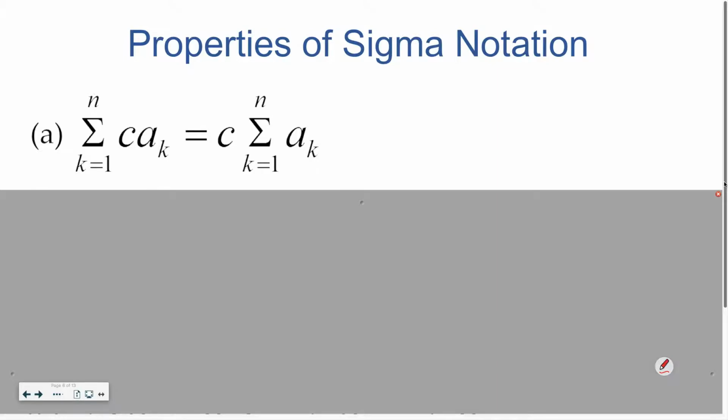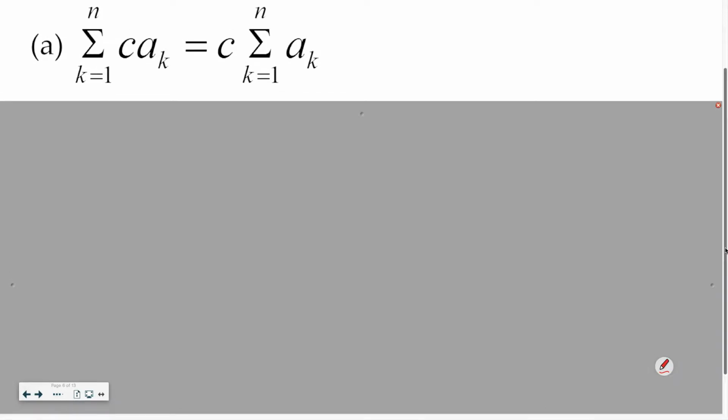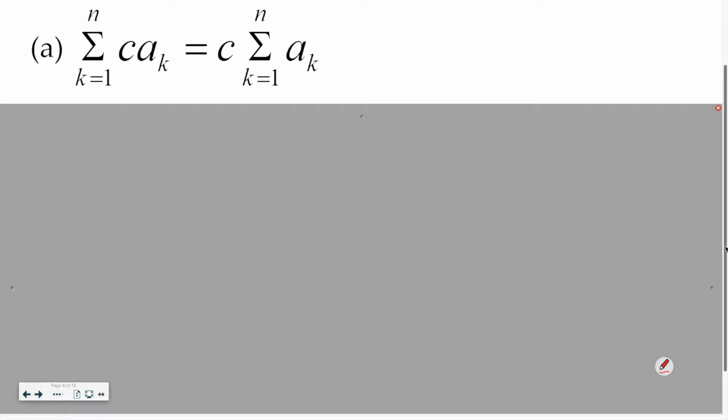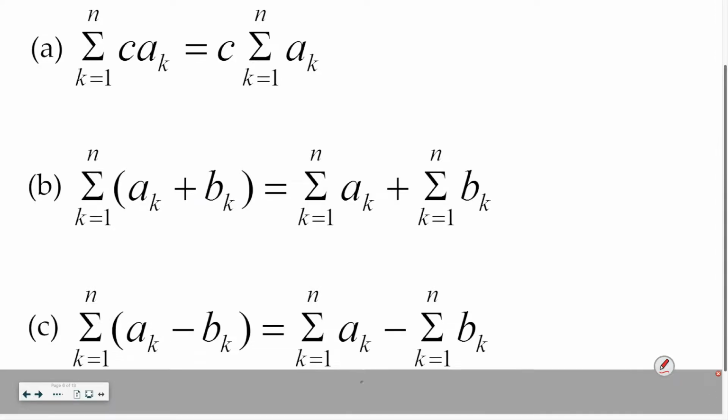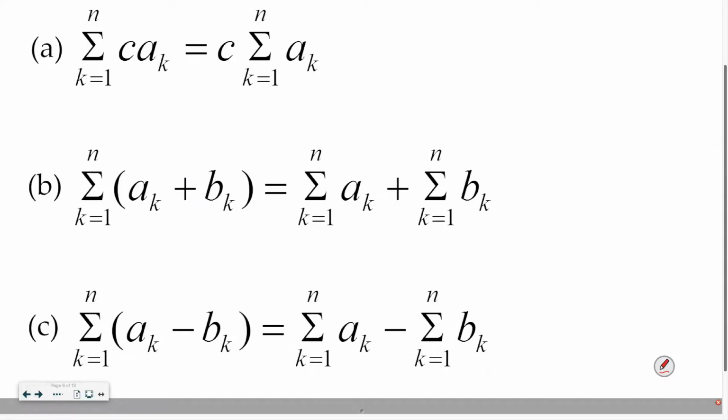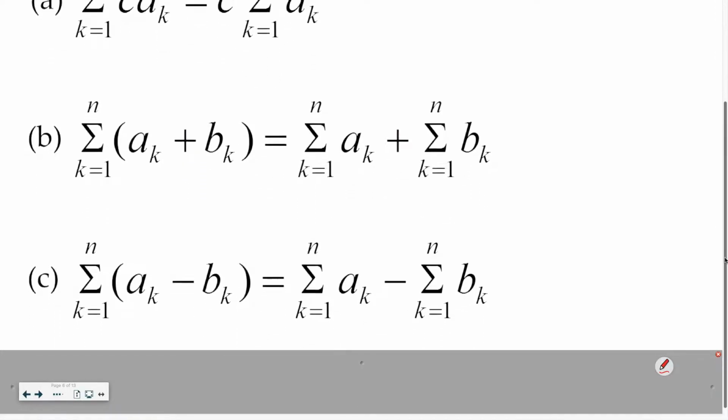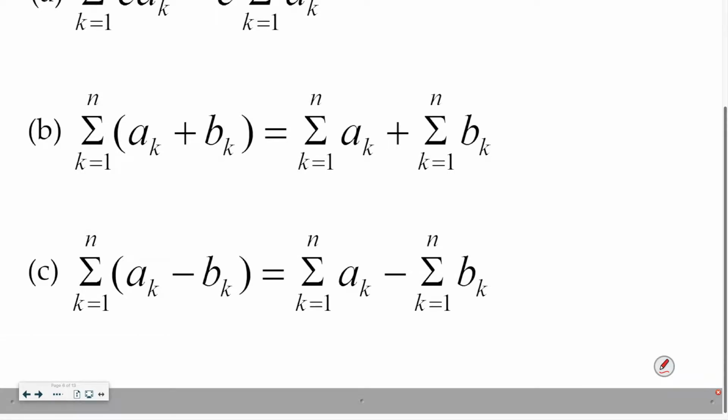And then the next two are pretty much the same thing, so I'll reveal both of them for you. If you have something added or subtracted inside of your summation, like our sequences here, if we have terms added or subtracted, we can pull that apart into two separate summations.